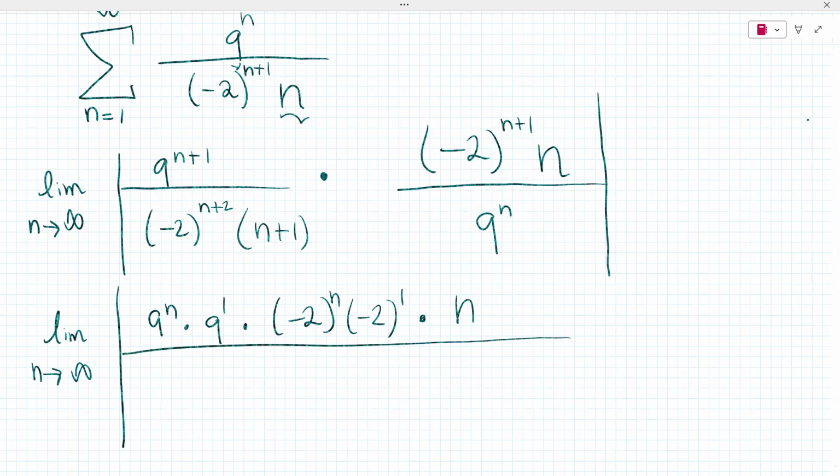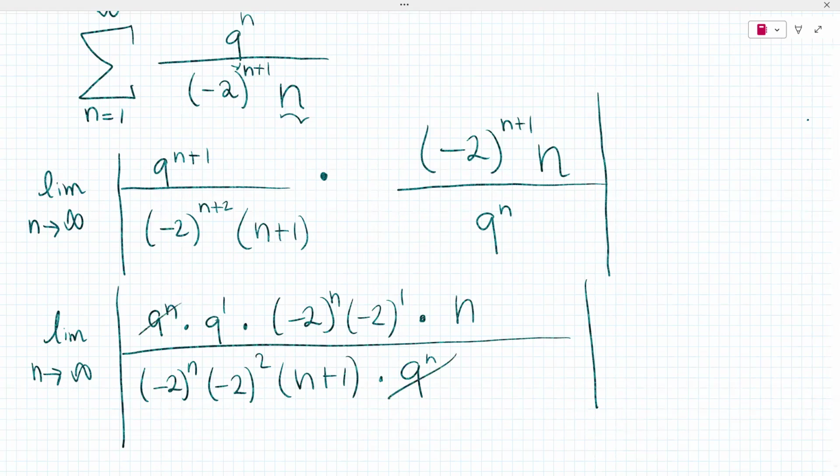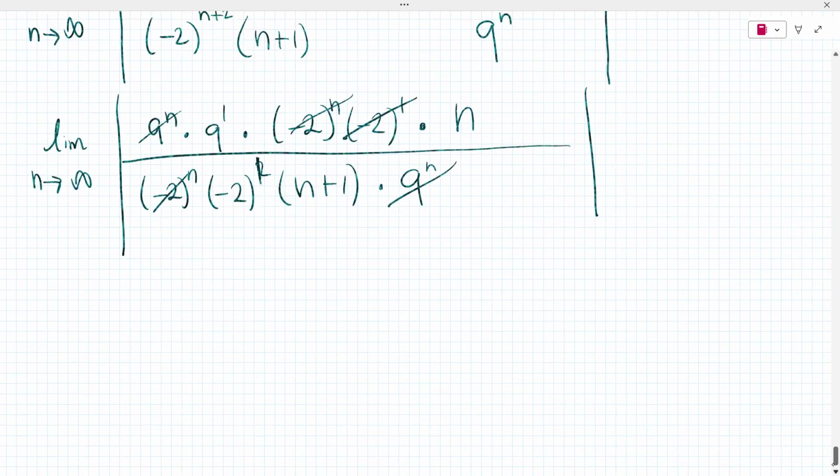Hopefully something cancels. Let's see which stuff does cancel. You have the 9 to the n, the negative 2 to the n, and then this negative 2 cancels, and now this becomes 1.